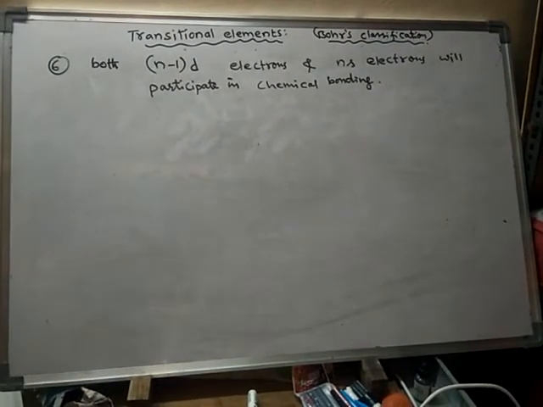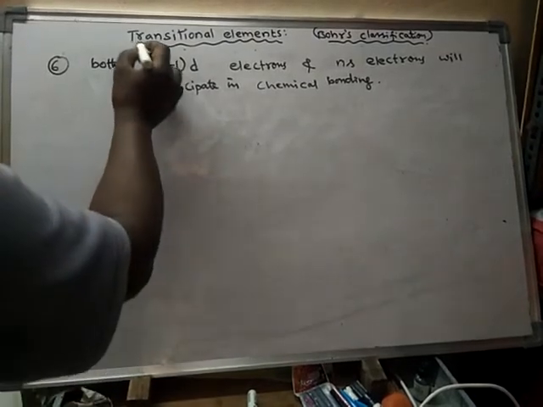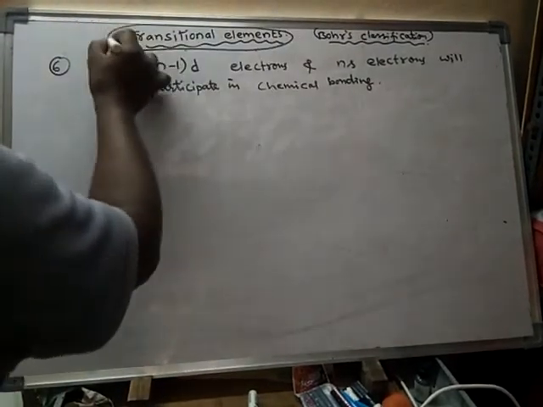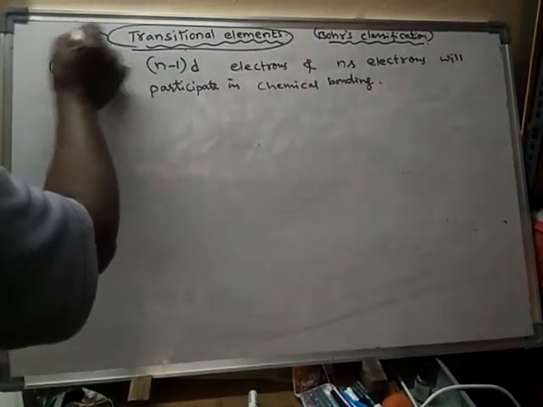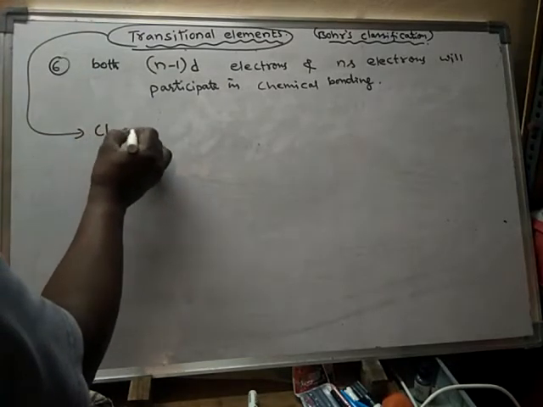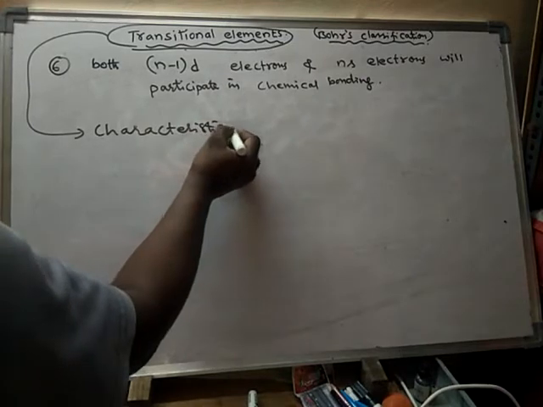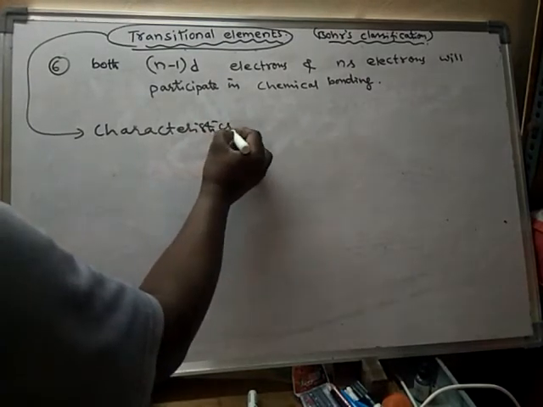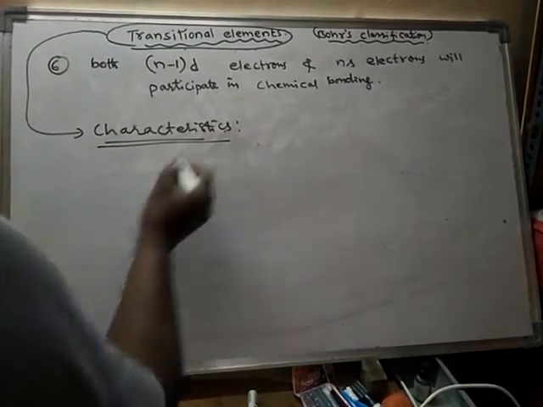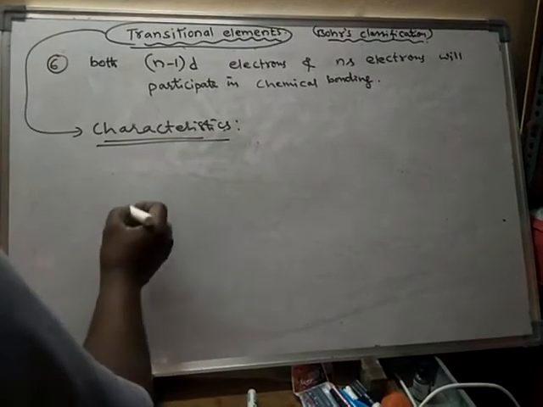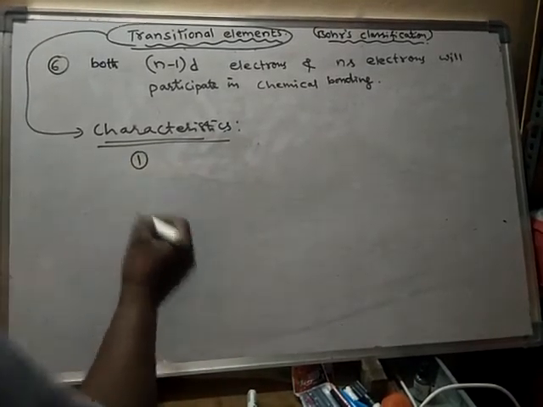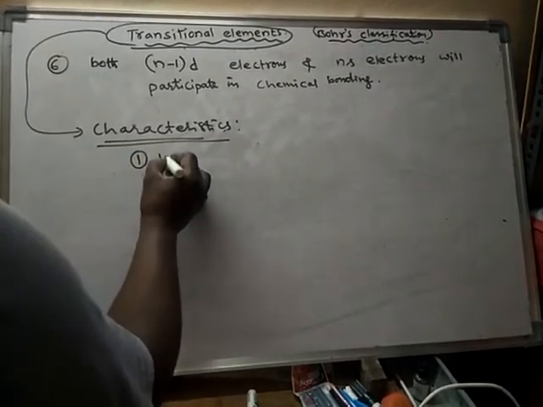If you see the characteristics of transition elements, the first characteristic is that they are hard and heavy metals.